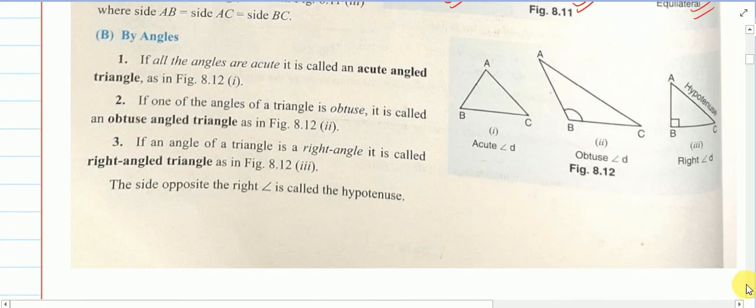Now triangles are classified by angles also. So we have got three types of triangles. First one, acute angle triangle, means all the angles will be less than 90 degree.